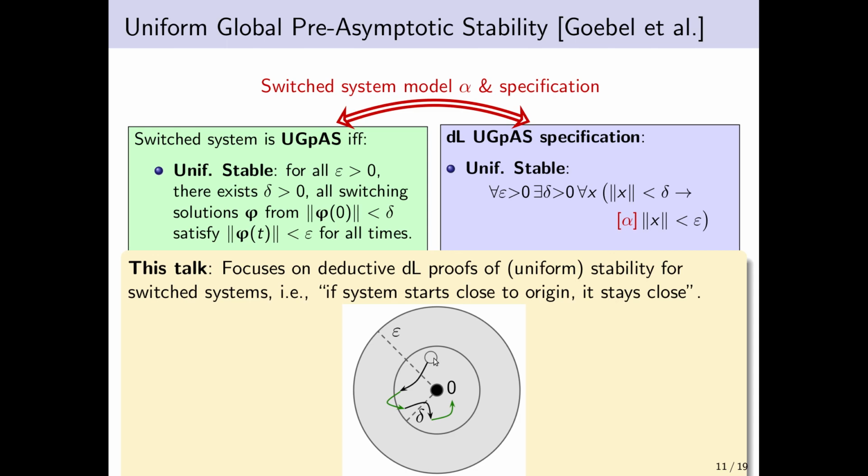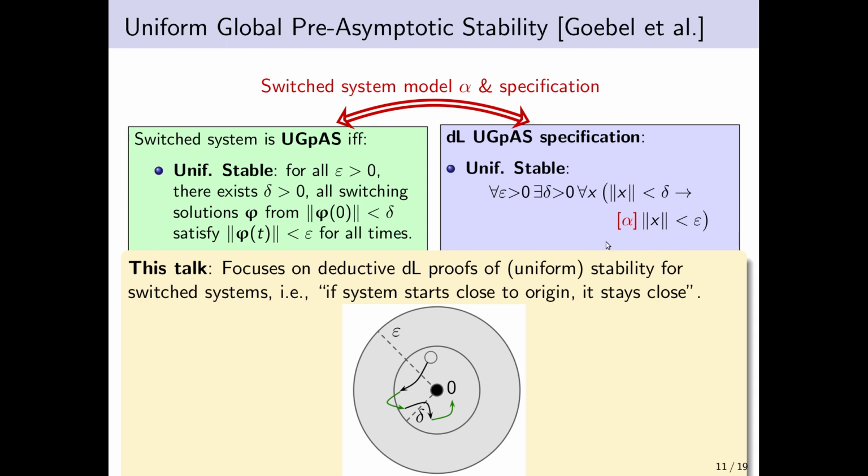To express this mathematical definition formally in DL, we represent the quantifiers using the usual connectives of DL. What it says is, for all epsilon balls around the origin, there is a smaller delta ball around the origin such that if the system starts within this delta ball, then for all runs of the hybrid program alpha, which models a switch system, in particular for all switching signals modeled by this program alpha, the system always stays within the epsilon ball.